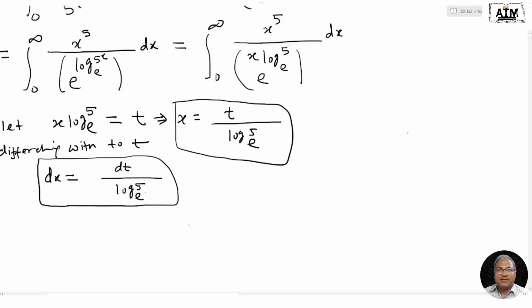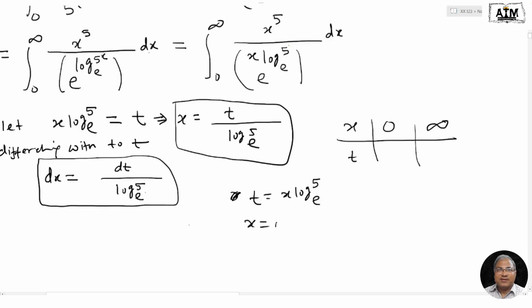Since we are following the substitution method of integration, we need to change the limits as well. So limits from x to t need to be changed. The x limits are 0 and infinity. We already have t equals x log 5 to the base e.